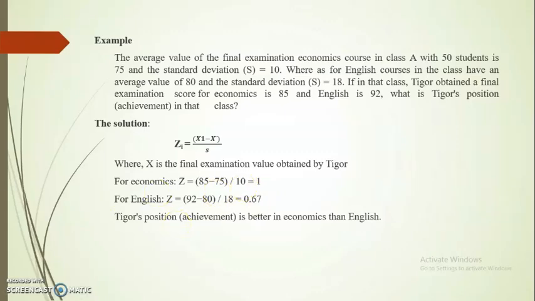Because the z value for economics is greater than the z value for English, Tigor's position is better in economics than in English.